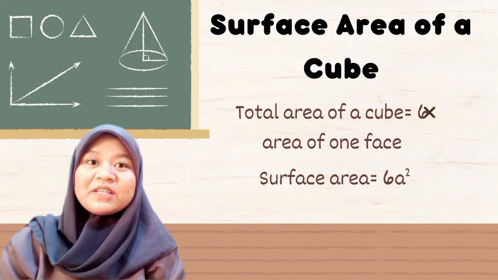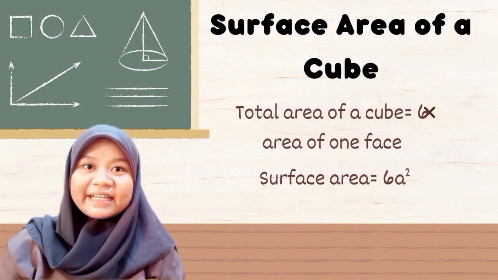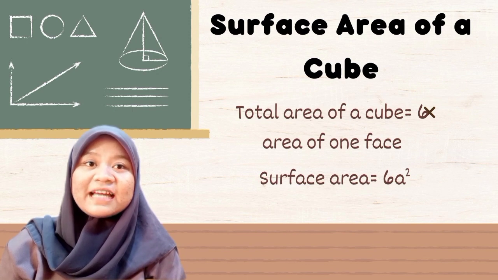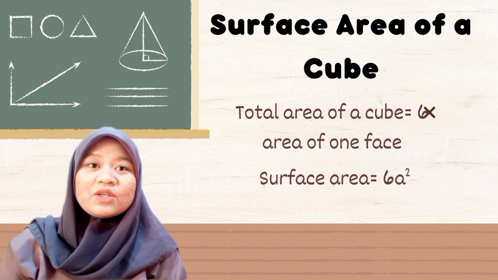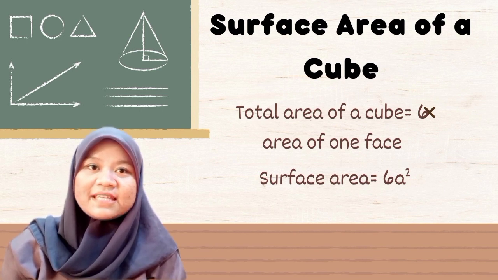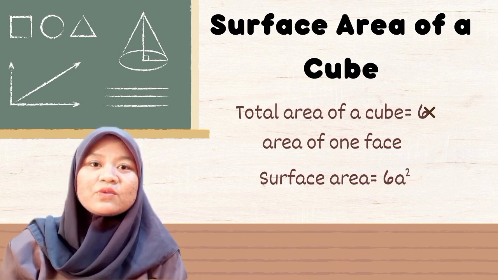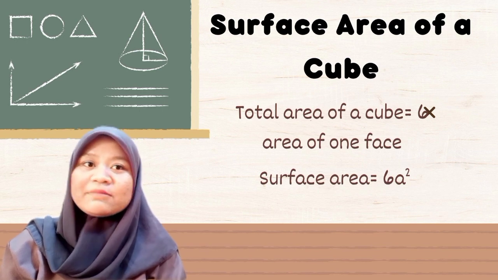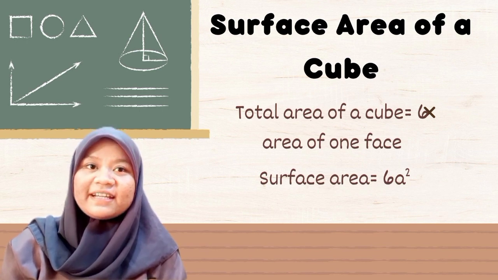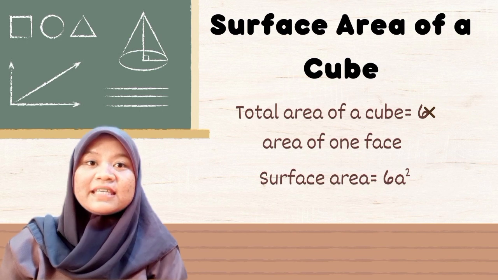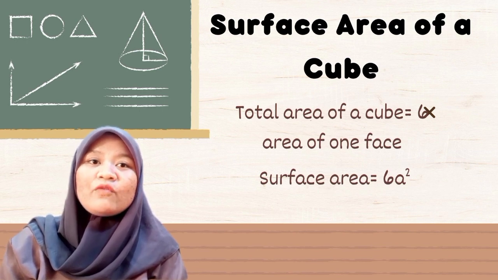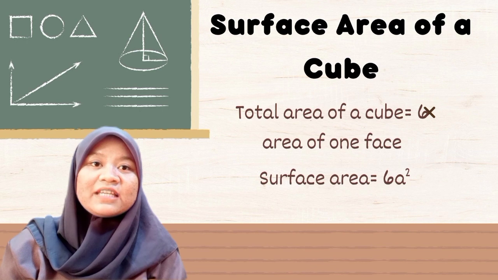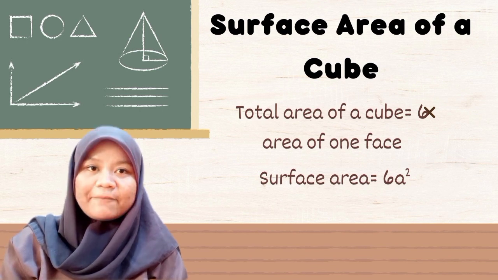Surface area of a cube. The total surface area of a cube is defined as the area of its outer surface. Since the cube has six square faces and each of the square faces is of the same size, the total surface area of a cube is 6 times the area of one face. Let's say the length of its edge is a.